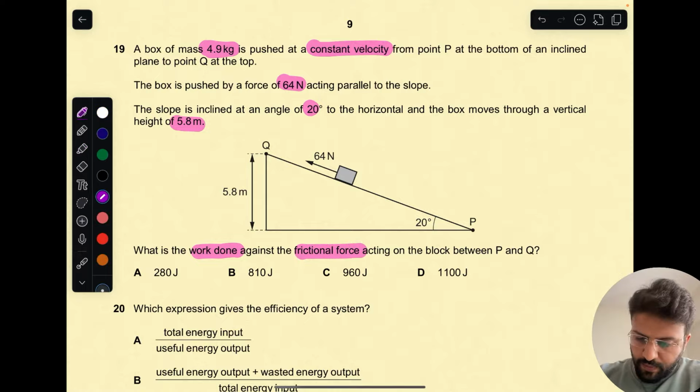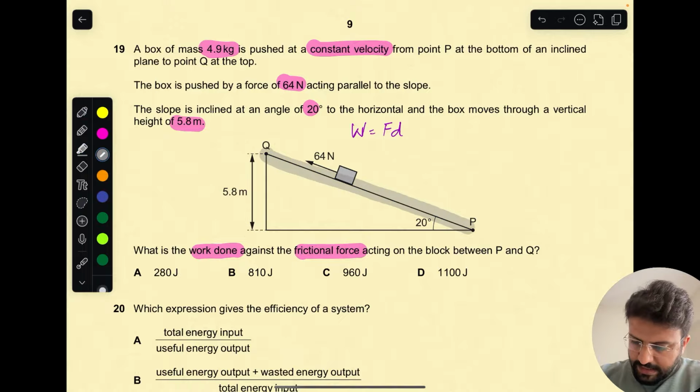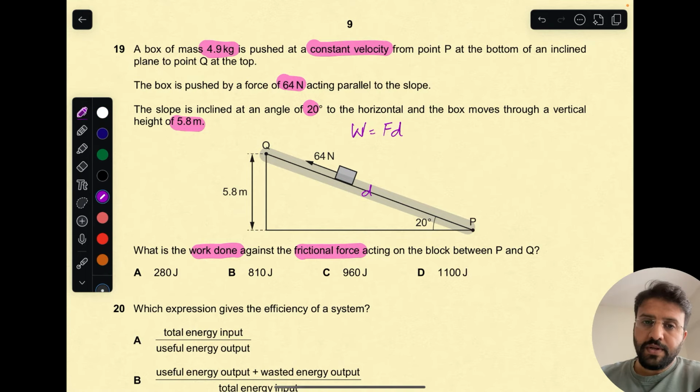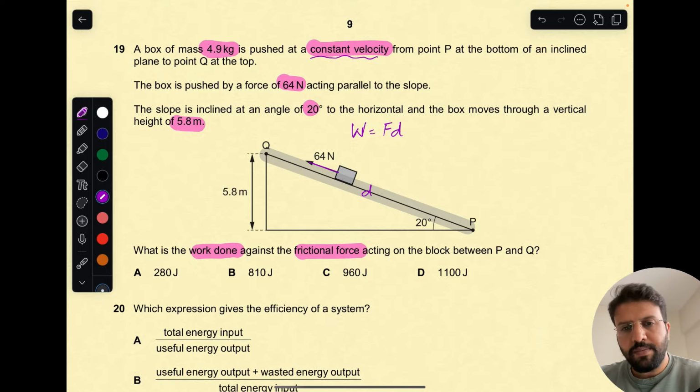Okay, so if you have to find the work done, you need force, you need distance. The block is moving on this path, so this is the D, and you have to find the frictional force. So let's work this thing out. What they are telling us is that the velocity is constant. It means the forces acting along the plane and down the plane will be equal.